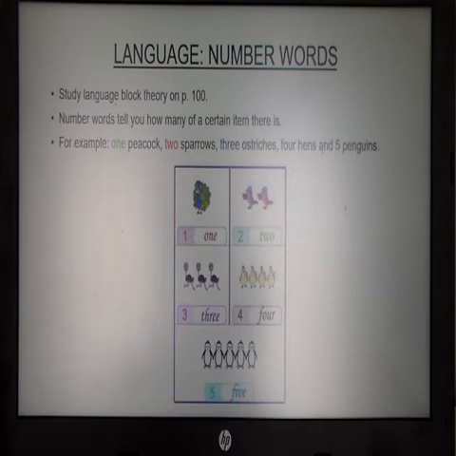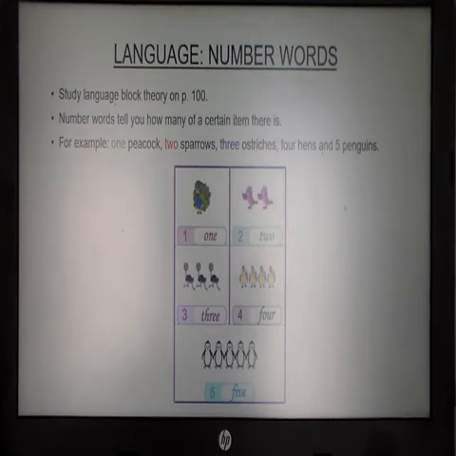For example, there's 1 peacock, there are 2 sparrows, 3 ostriches, 4 hens or chickens, and 5 penguins. Now, it's 1 peacock, 2 sparrows, if you can see there, and I've written the number 5, but you will have to write out the word 5. Okay, I just showed you the difference there.